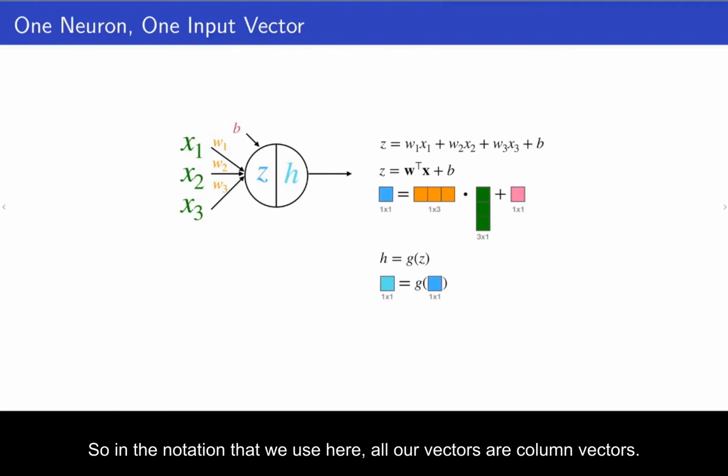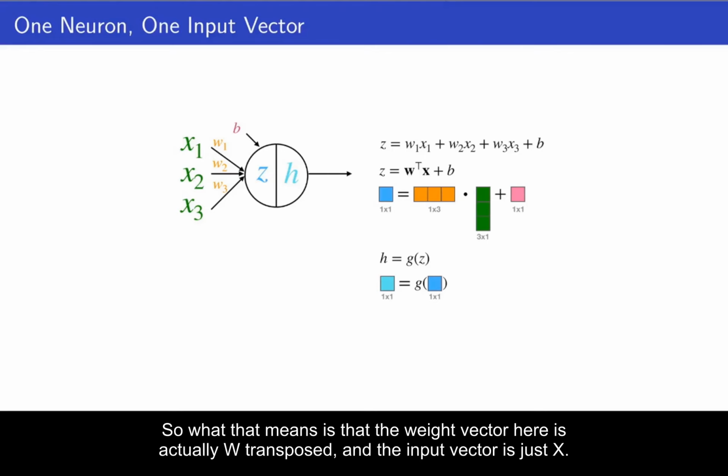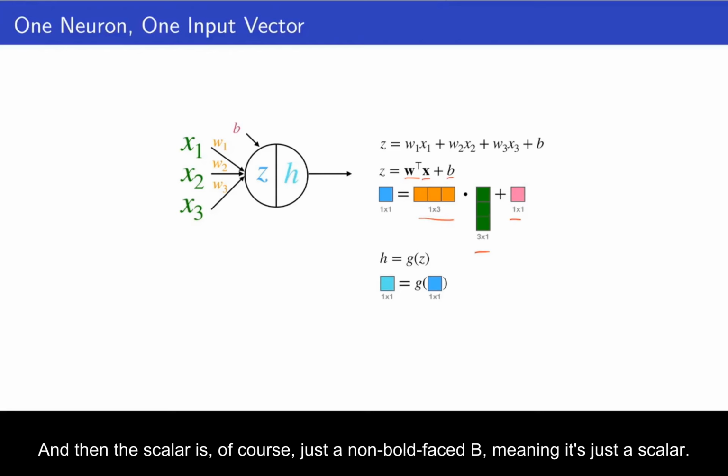In the notation that we use here, all our vectors are column vectors. So the weight vector here is actually W transposed, and the input vector is just x. And then the scalar is, of course, just a non-bold-faced b, meaning it's just a scalar.